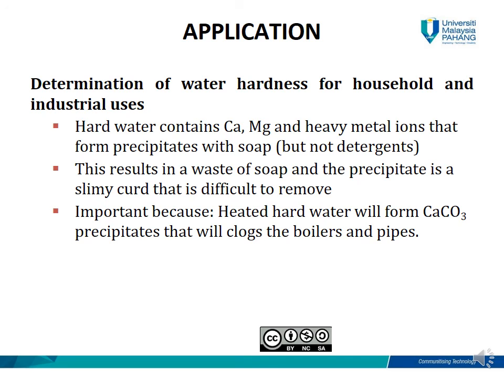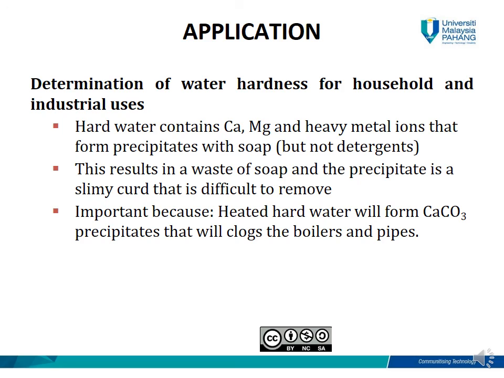Hard water contains calcium, magnesium, and heavy metal ions that form precipitates with soap, but not detergents. This results in a waste of soap, and the precipitate is a slimy curd that is difficult to remove.